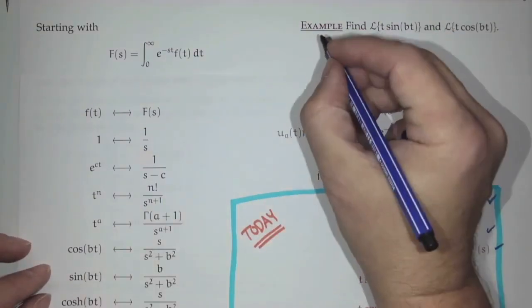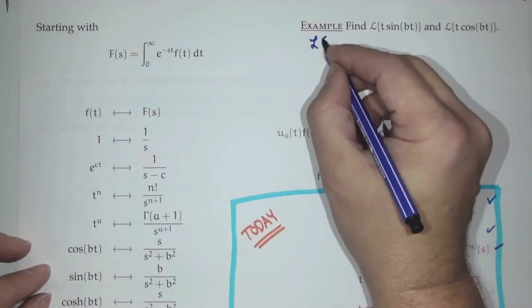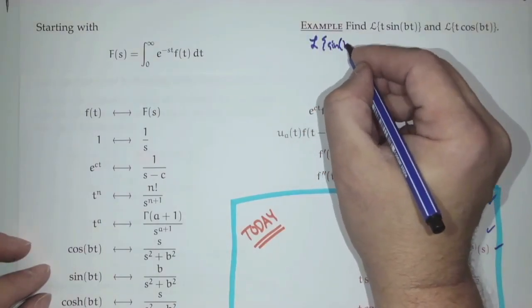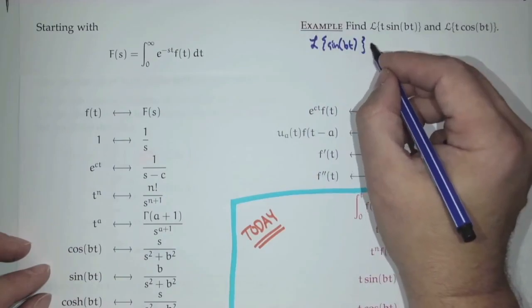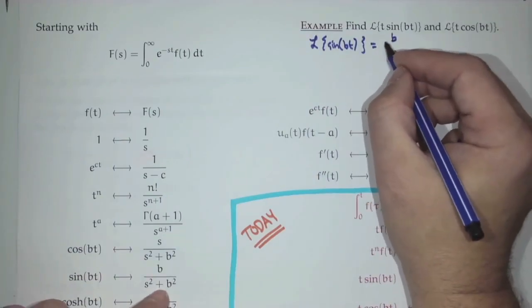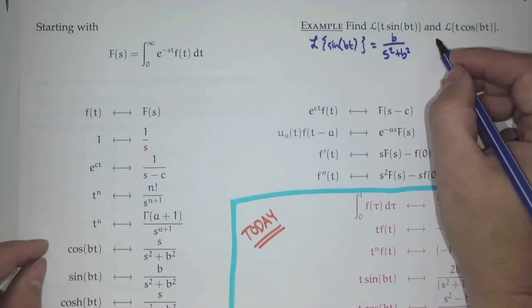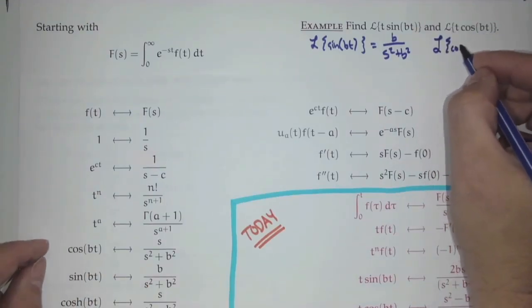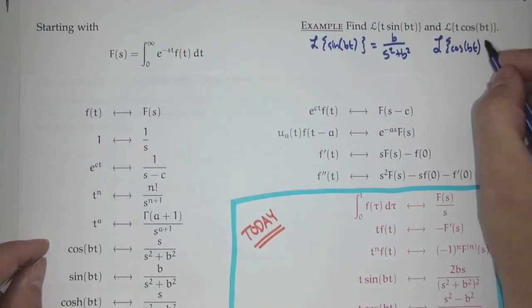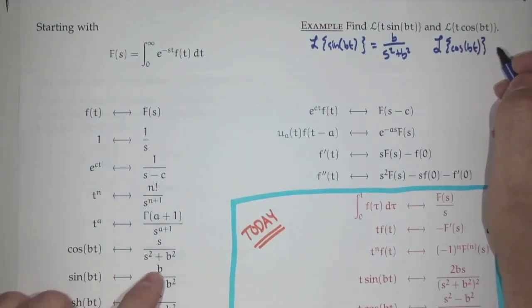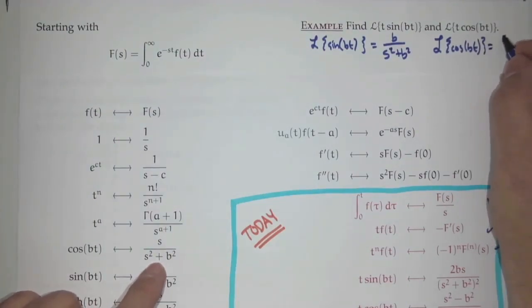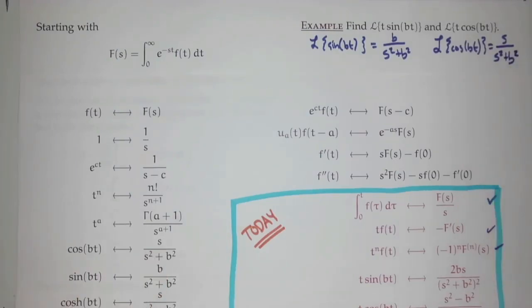So for reference, the Laplace transform of sine is b over s squared plus b squared. And the Laplace transform of cosine, that's this one, s over s squared plus b squared.